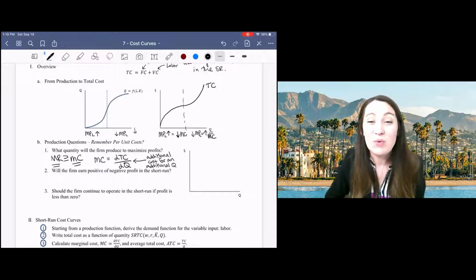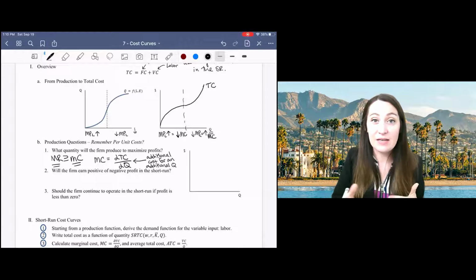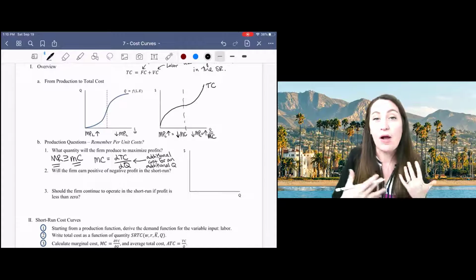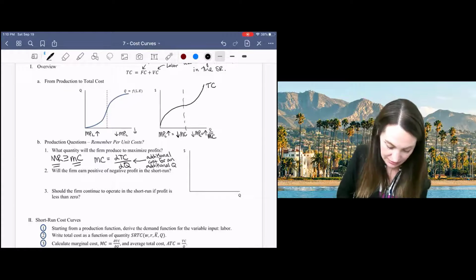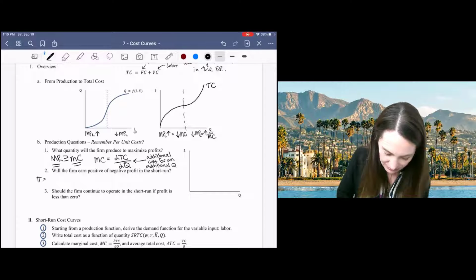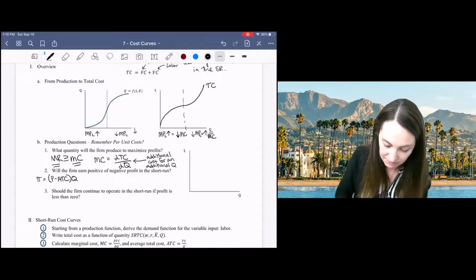The next question is, will the firm earn positive or negative profit? This is going to be determined by comparing per unit revenue to per unit cost, which we call average total cost. Remember that profit is equal to, one of our equations that we use in intro, price minus average total cost times quantity.